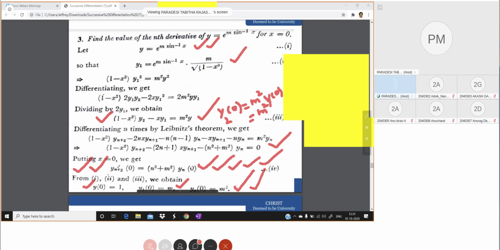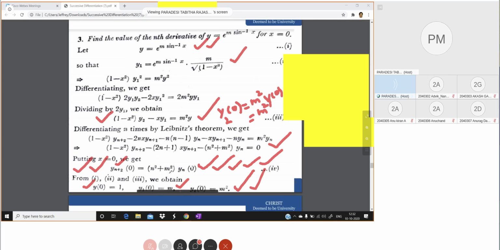y3 means, look at this one. What is the value of n that I will put to get y3? Neon, to get y3, what will I put in place of n? y(n+2) of 0 is there. So I will put in place of n a 1. Yes or no, Neon? Yeah, because we want y3. So in place of n, put a 1. So what will happen to the right-hand side expression? In place of n, when I put 1 within brackets, do I get a 1 plus m square?